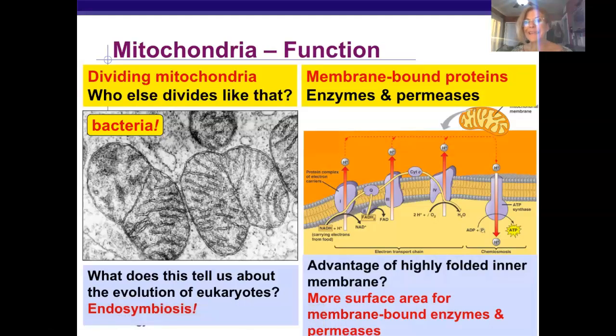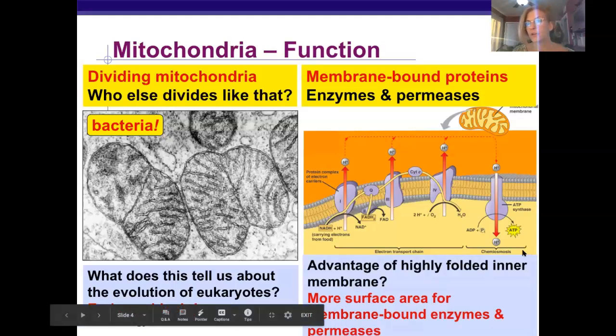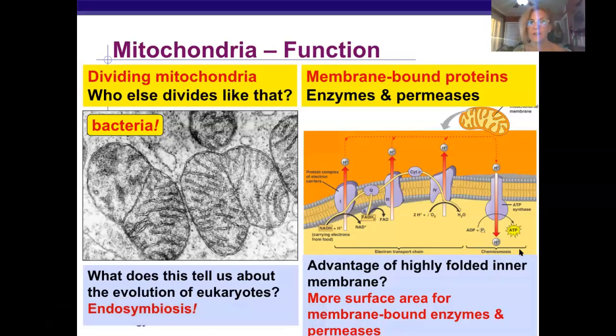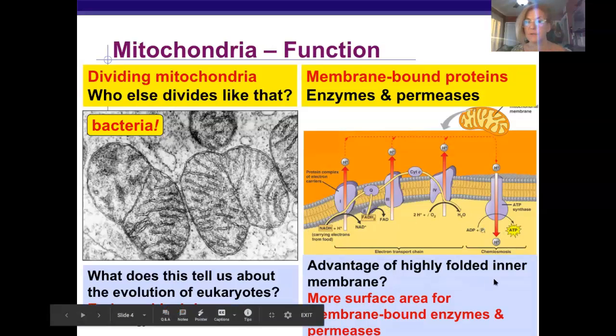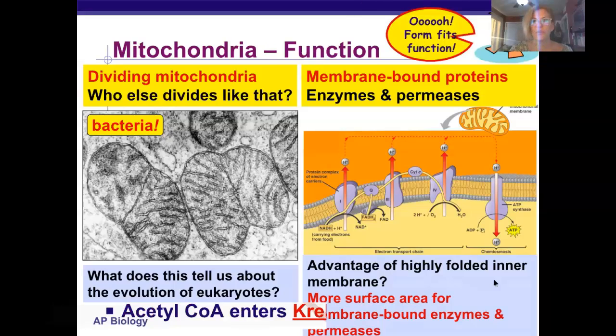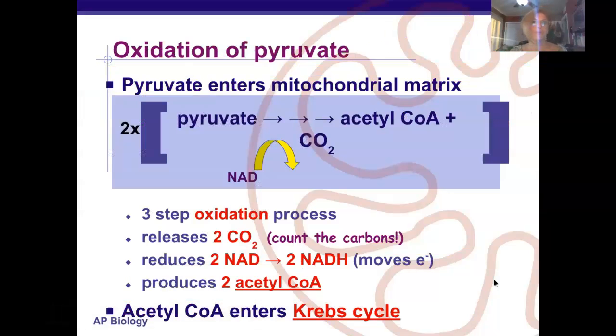Okay, we need that gradient in order for ATP synthesis to occur. This is where the majority of our energy is taking place. So what we have to do before this is we have to make that NADH and the FADH2, right? We don't have those yet, so we need to make those. So that's what these steps are going to do.